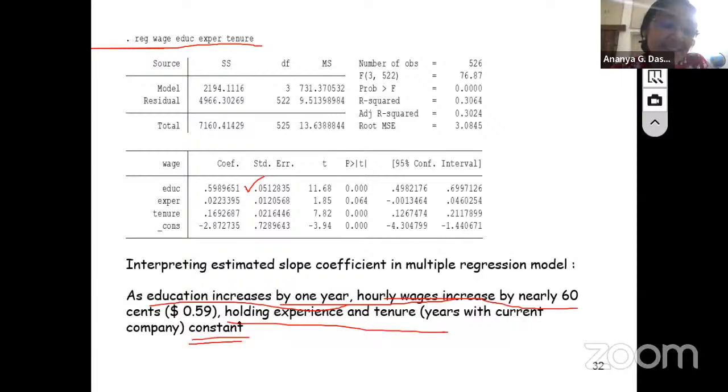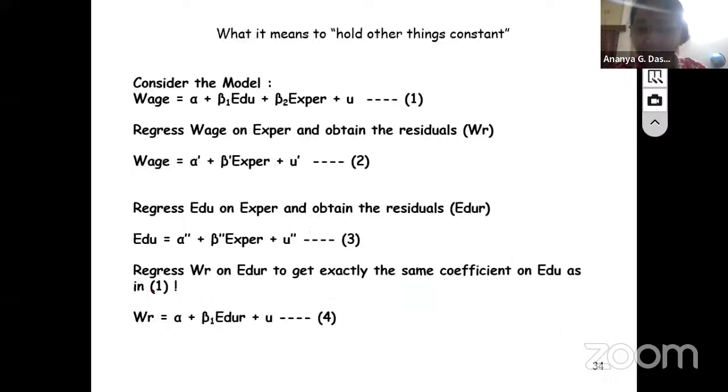So this is the big deal. Now you're saying that for two people with exactly the same number of years of experience and tenure, if one has an extra year of education, wages are going to be higher for that person by about 60 cents. So I just wanted to discuss what is the meaning of holding other things constant.